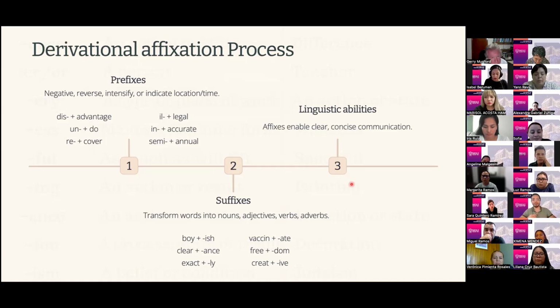And then we have suffixes, and suffixes help us transform the words into nouns, adjectives, verbs, adverbs, like boyish, clearance. And all this process of prefixes and suffixes, all this process of affixation, helps us to get linguistic abilities to communicate in a very concise and clear way. So learners have a way to communicate effectively.